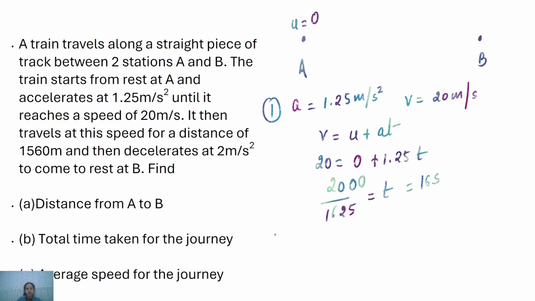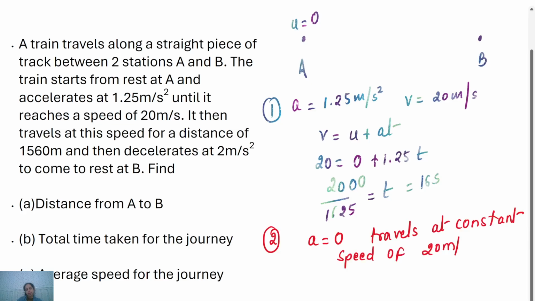Then the second part of the journey, acceleration is 0 and it travels at constant speed of 20 meters per second for a distance of 1560 meters. Okay, so now, can I calculate the time?